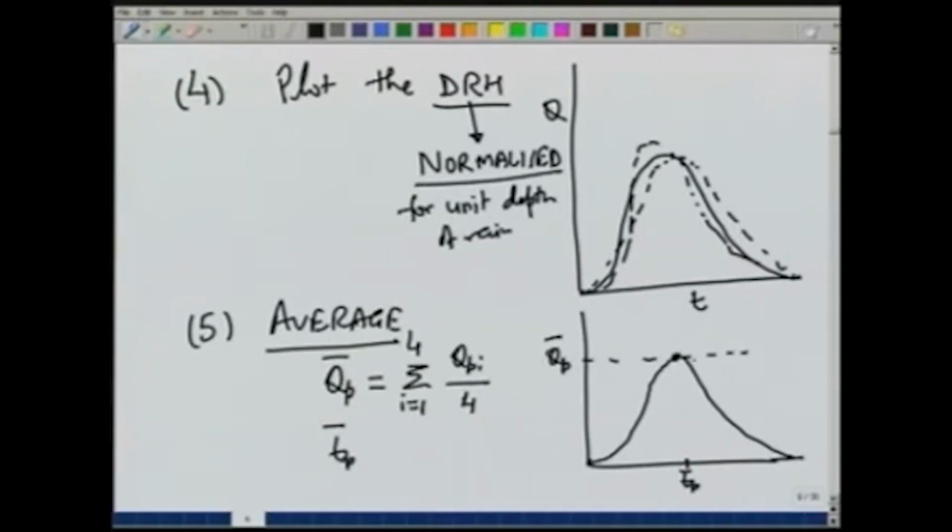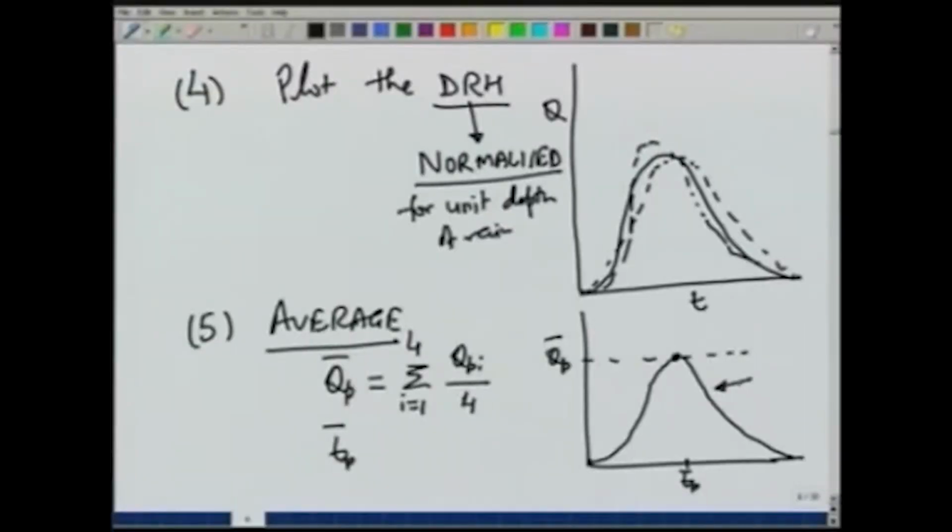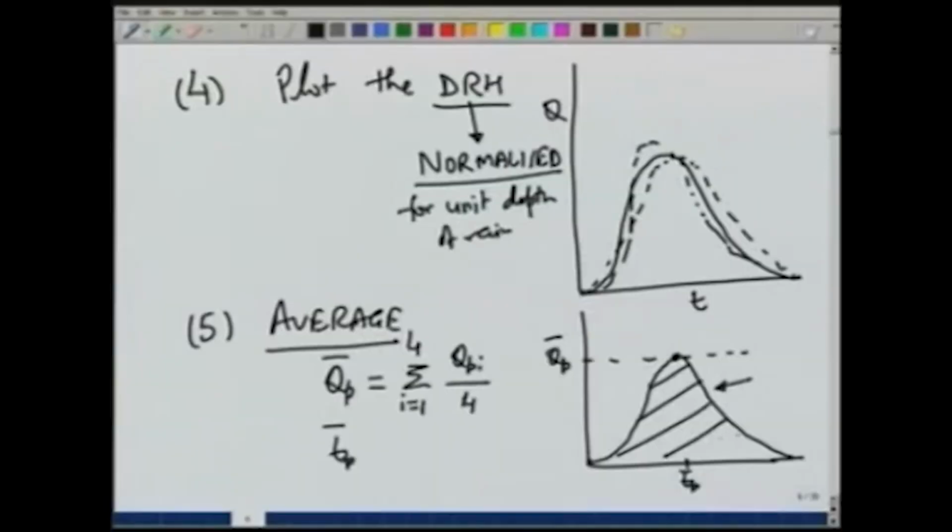Now, once we average out all the variations in these 3 or 4 hydrographs, this is an averaged unit hydrograph, and the next step would be to find out the area under the curve, which should be equal to 1 centimeter rainfall depth.